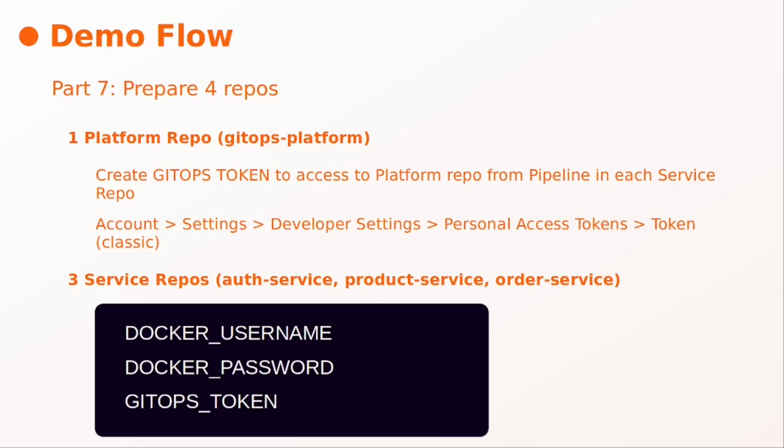Each service repository includes a CI/CD pipeline and requires secrets such as Docker credentials, Kubernetes config, and a GitOps access token. This token allows the pipeline to update the GitOps repository automatically after building a new image. This separation of concerns makes the system modular and easier to scale.